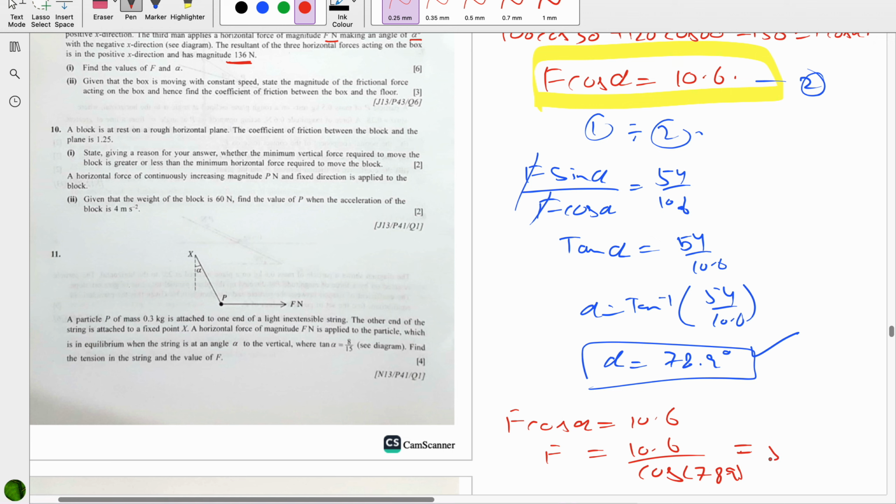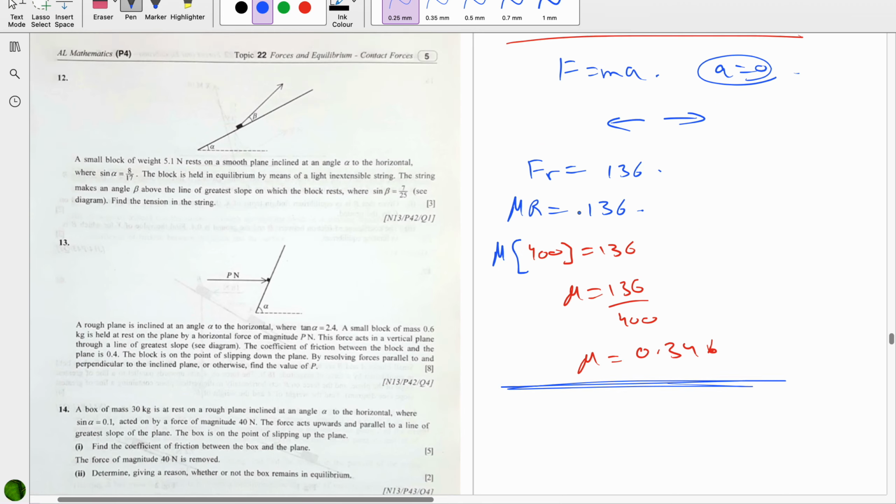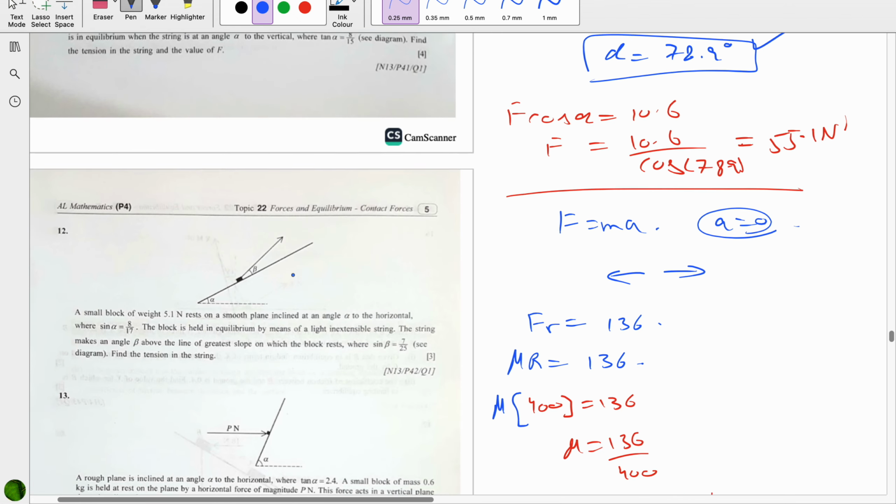This is 55.1 newtons. We could have done it directly, because we already know that there is no net vertical force, because it was given that the resultant is entirely in the horizontal direction.